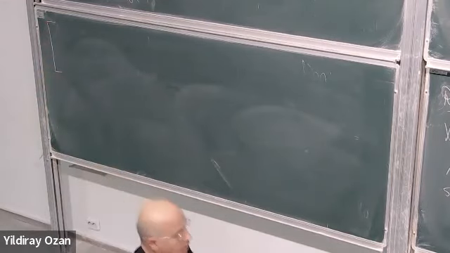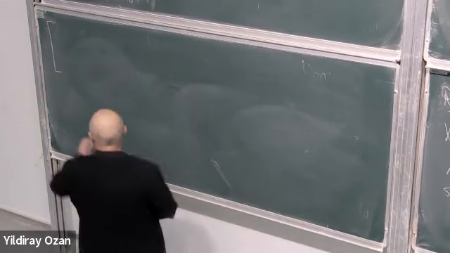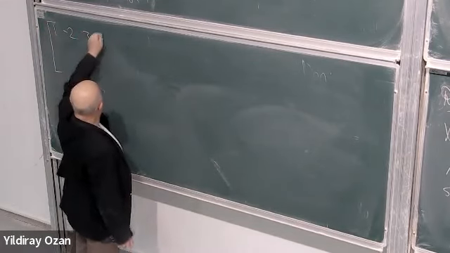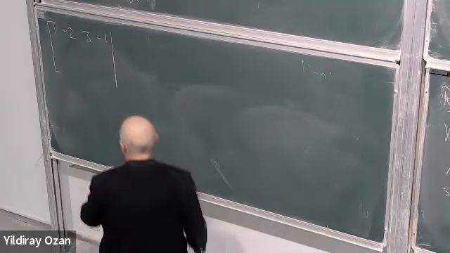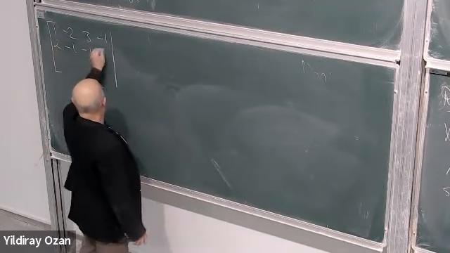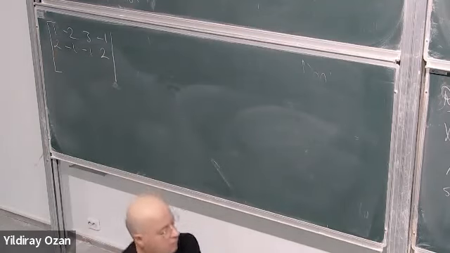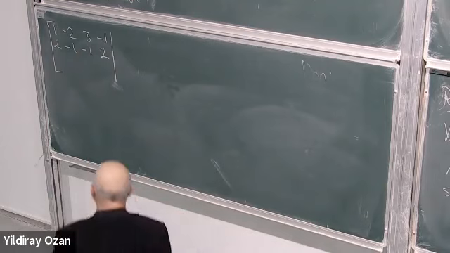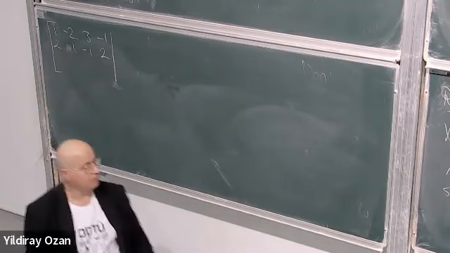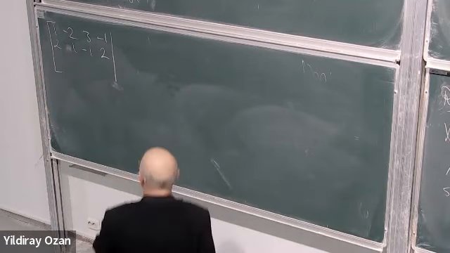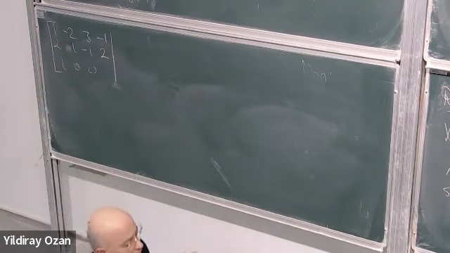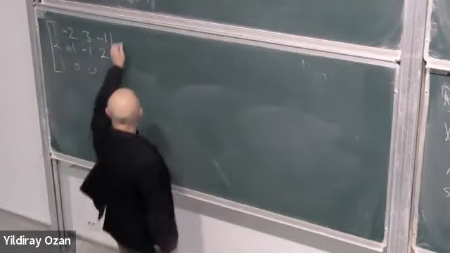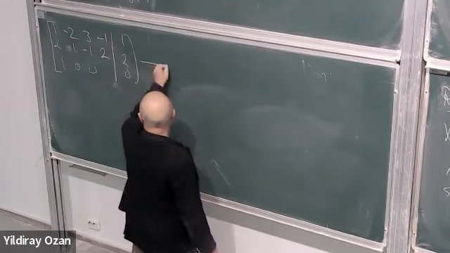So let's see. 1, minus 2, 3, minus 1; 2, 1, minus 1, 2; 1, 0, 0, 1. And here 1, 2, 0. Okay.